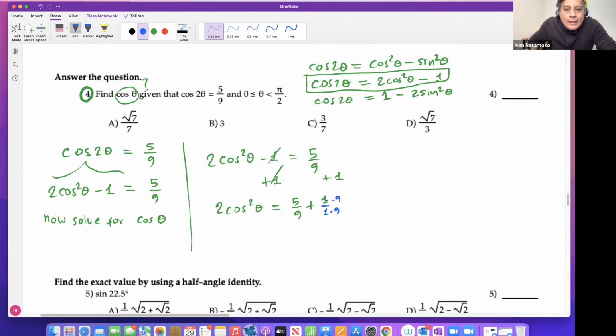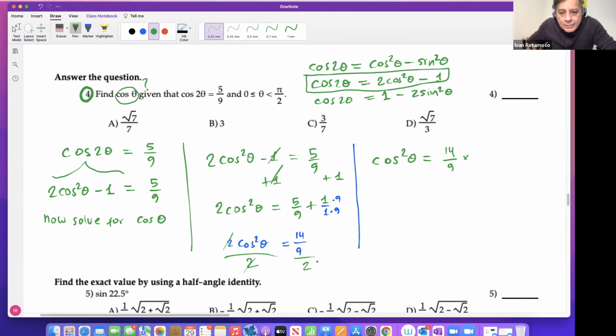9 times 1 is 9, plus 5, 14/9, cosine square of theta. And dividing both sides by the number 2, we isolate our cosine square of theta. Cosine square of theta is equal to what? 14/9.